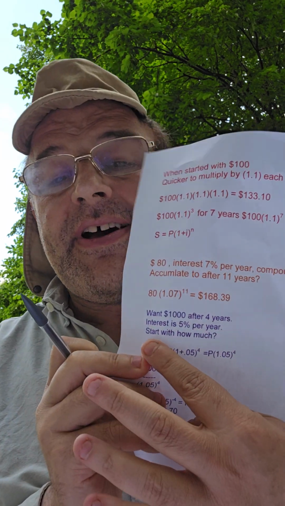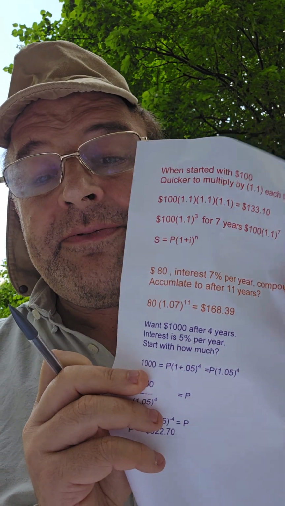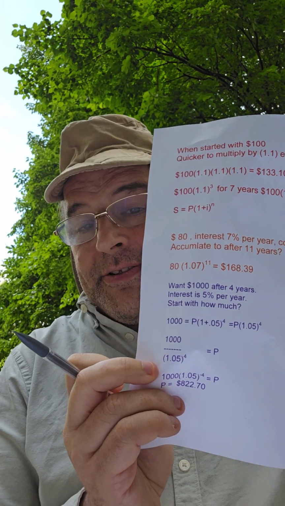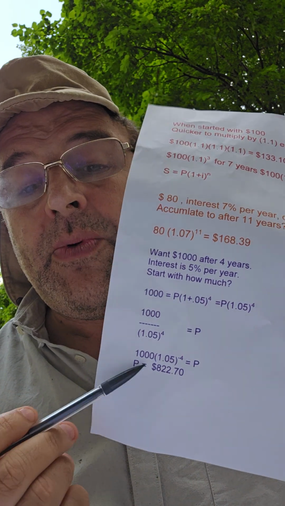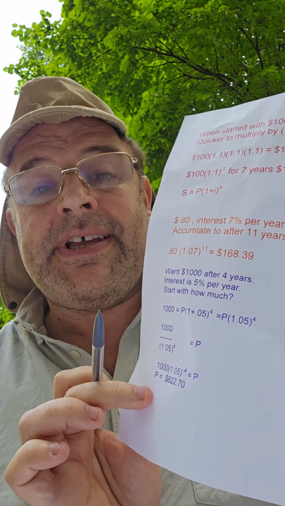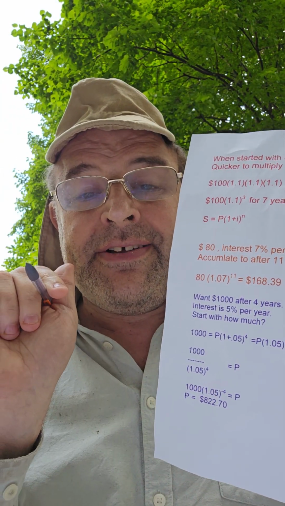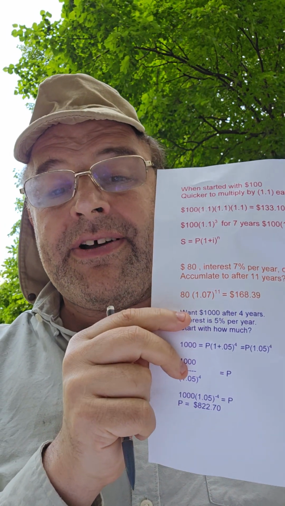If I say 1,000 is P times that bracket to the 4, it means 1,000 divided by that bracket to the 4 equals P. And that's the same as saying 1,000 times 1.05 to the minus 4, or you can just leave it like that. We plug in our calculator. P is $822.70. So if we put $822.70 into this account, after 4 years, it'll accumulate to $1,000.